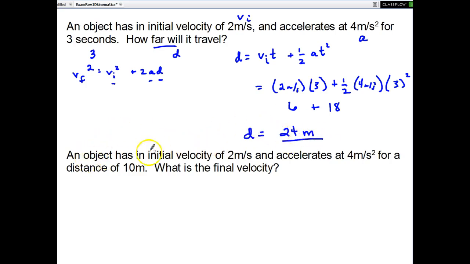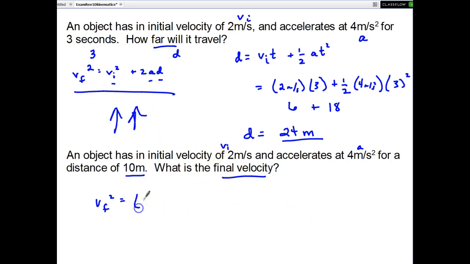Another example: an object has an initial velocity of 2 meters per second and accelerates at 4 meters per second squared for a distance of 10 meters. What's the final velocity? Now I am going to use this equation. So vf squared equals vi squared. I'm not going to rewrite it here because it's right there. Vi squared, so 2 meters per second quantity squared, plus 2 times the acceleration times the distance, 10 meters.